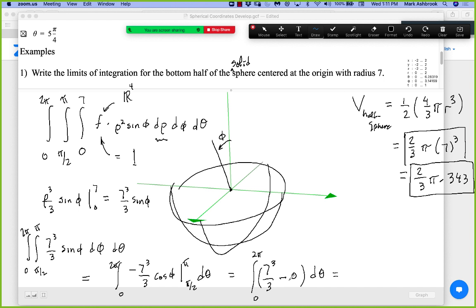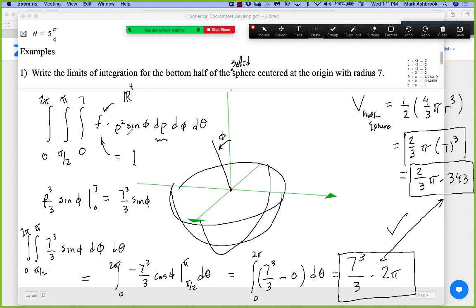So no thetas here. We're just going to get 7 cubed over 3 theta. Plug in 2 pi and 0 and subtract. 7 cubed over 3 times 2 pi. Does it match? 2/3 pi times 7 cubed. Got it. Check.